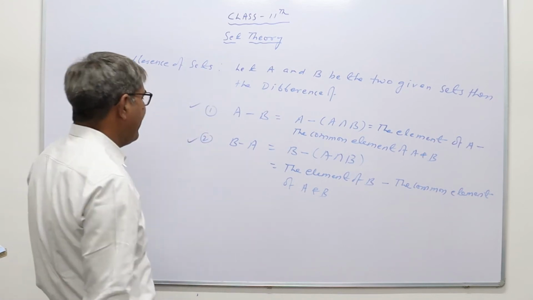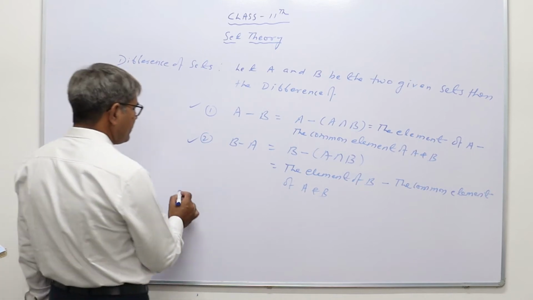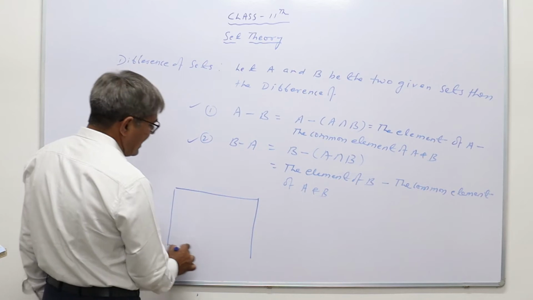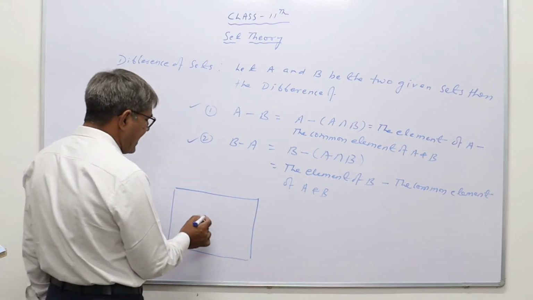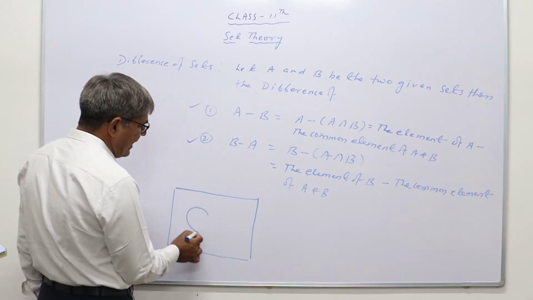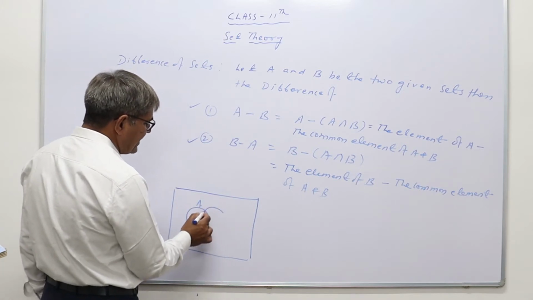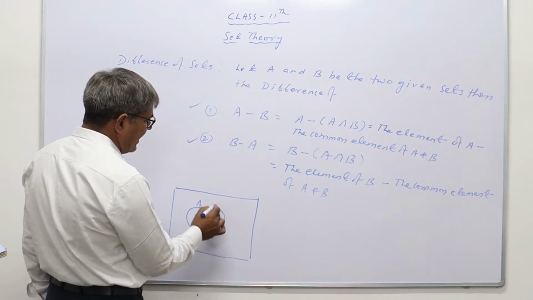Now in the Venn diagram, let us suppose this is the universal set, and the given set A is represented by this circle, and the set B is represented by this circle.